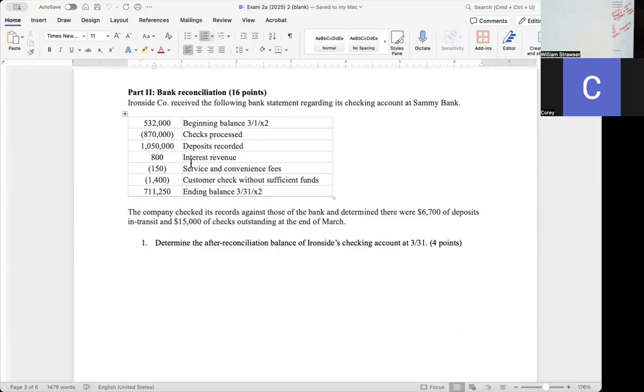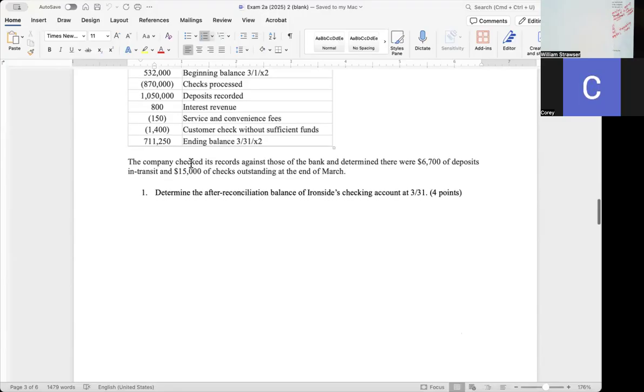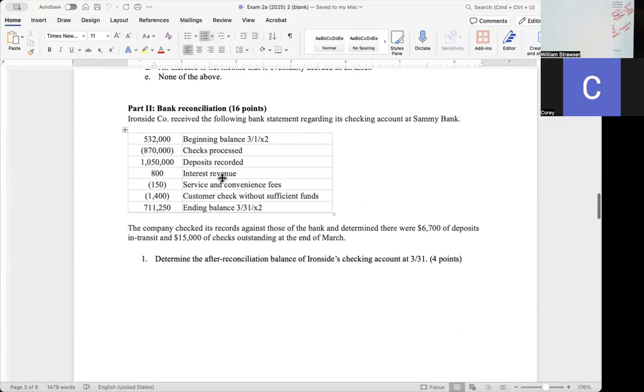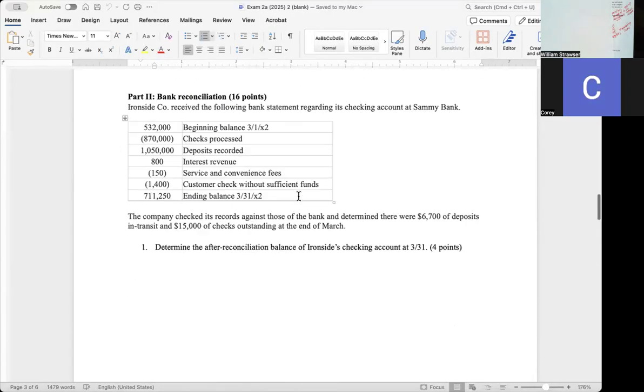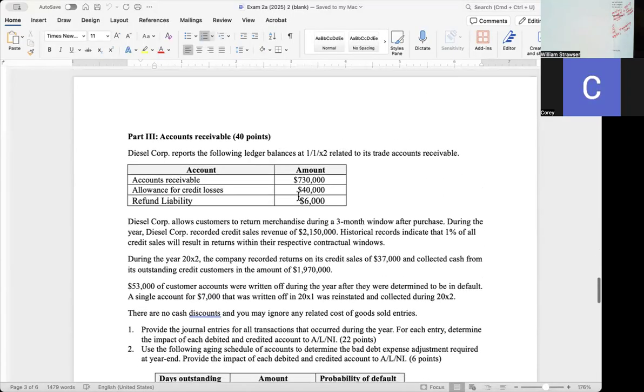Not going to be obsessed with the bank rec problem. I might ask you, if there are outstanding checks, how do I reconcile this? And the correct answer would be, I need to subtract that from the bank balance, right? Just little facts from bank recs, but not a whole problem.